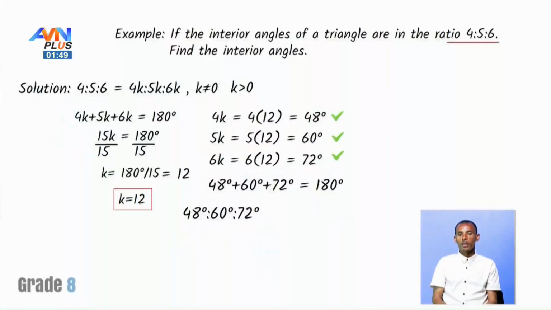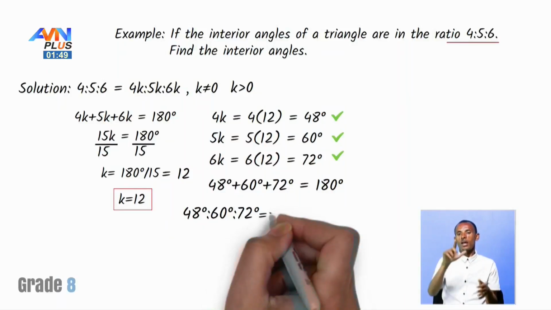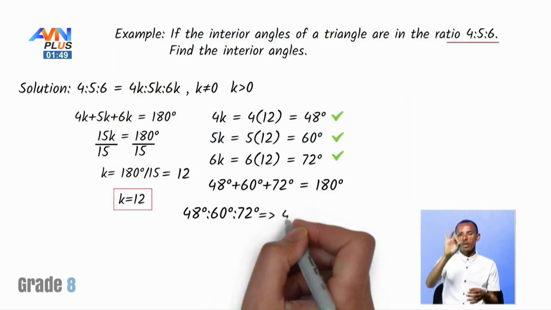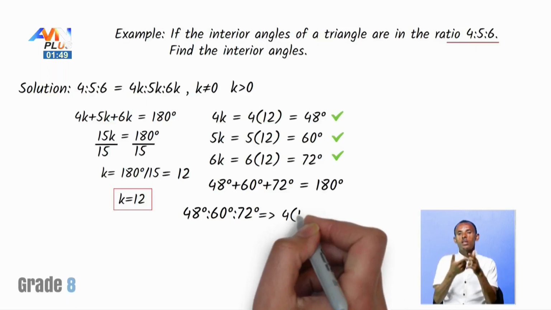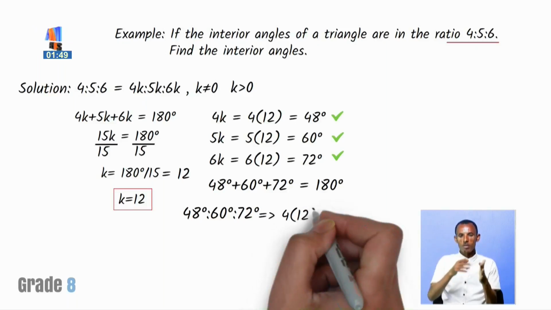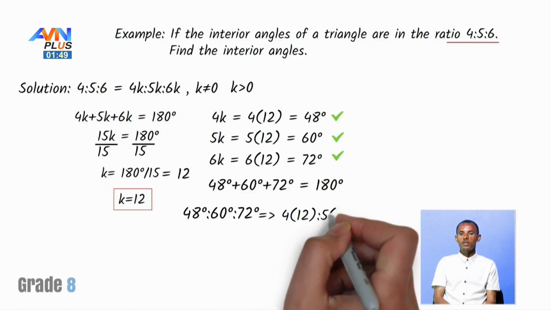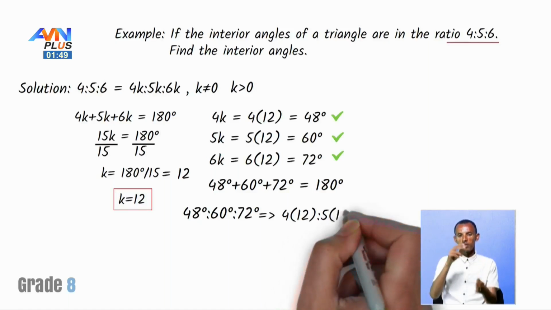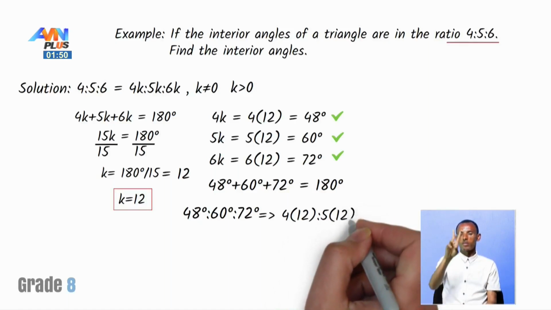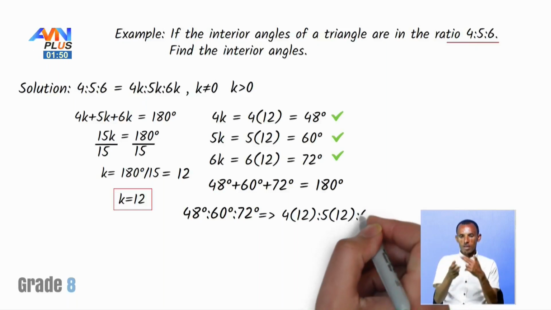So if you write this in the least simplified form, 48 means 4 times 12, 60 means 5 times 12, and 72 is 6 times 12.